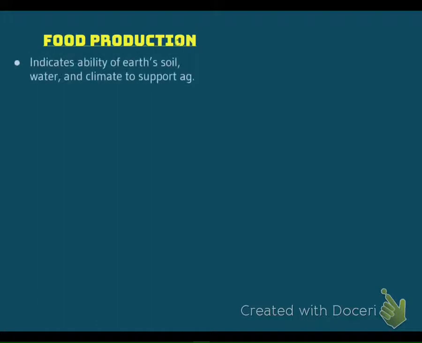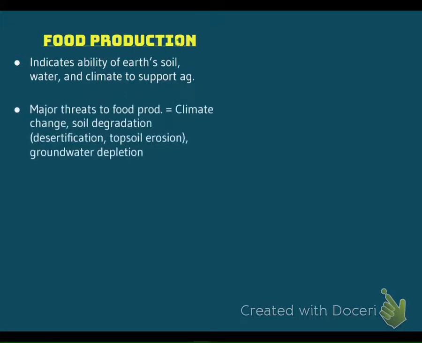Food production sometimes does that. It indicates the ability of Earth's soil, water, and climate to support agriculture. Major threats to food production are climate change and soil degradation. For example, if you dry it out too much, desertification, where we get too much erosion, where the soil takes hundreds of years to produce and we lose it in one or two years, we lose too much groundwater.